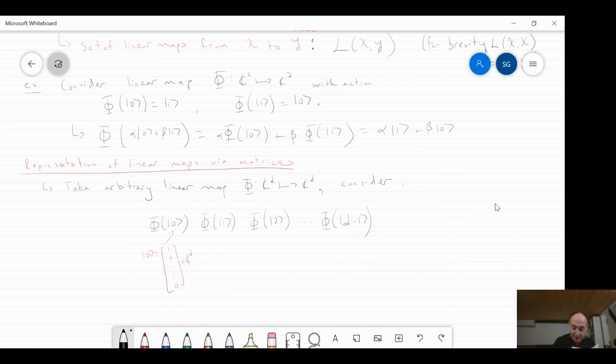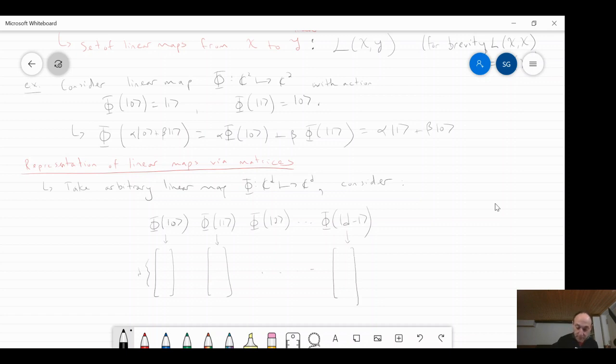Each of these things, let me be very clear, is going to be a vector. So this is just going to be some d-dimensional vector. This is some d-dimensional vector, and so forth. This is some d-dimensional vector.